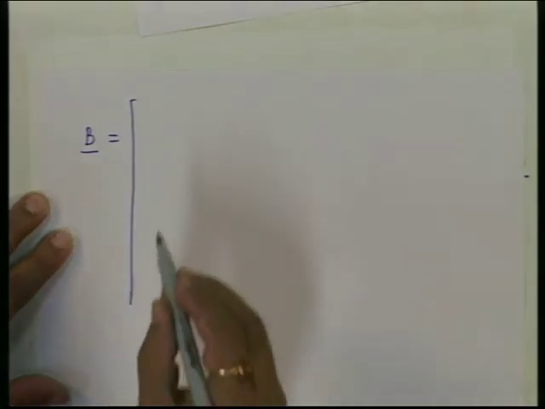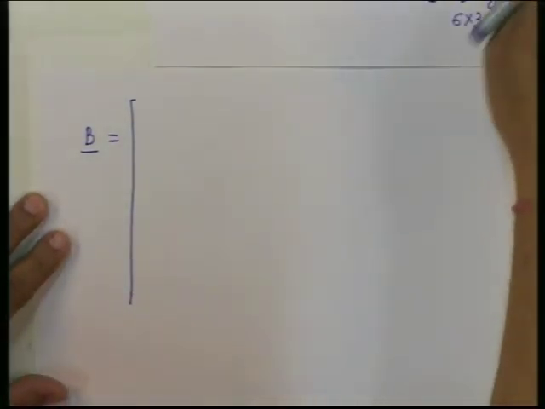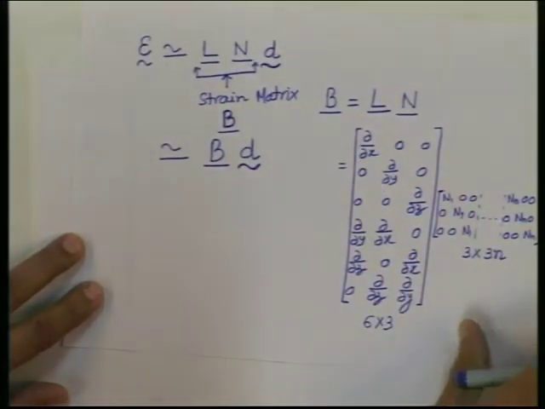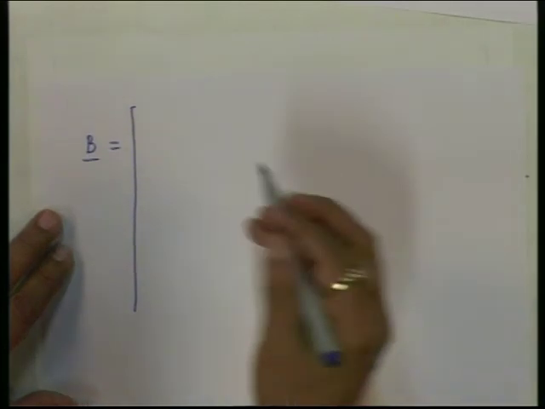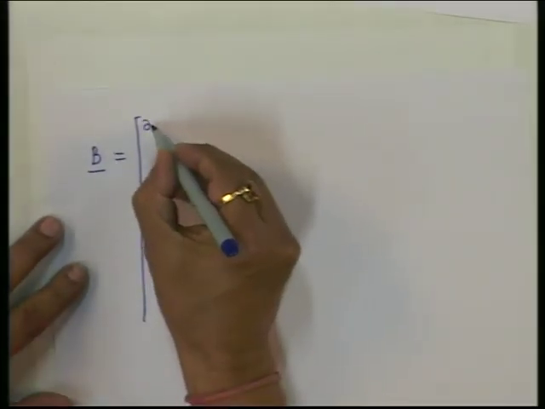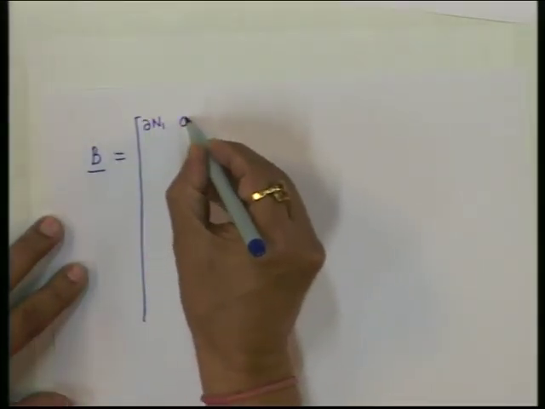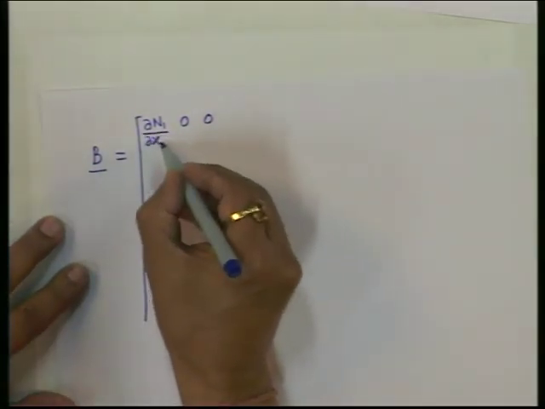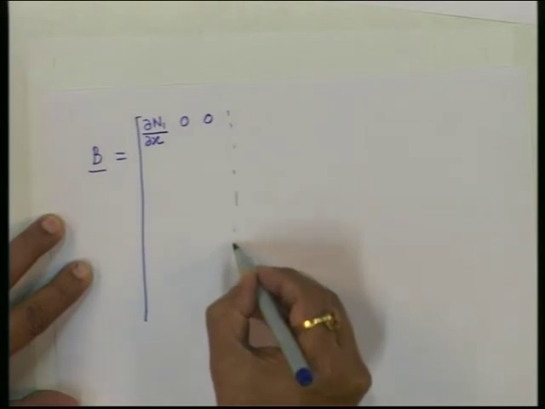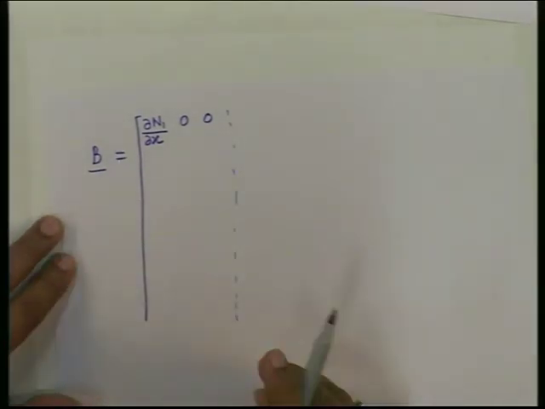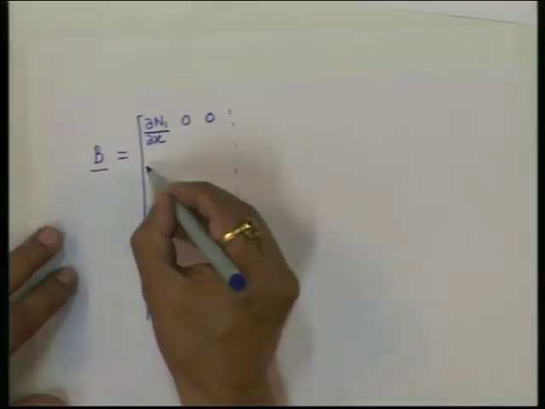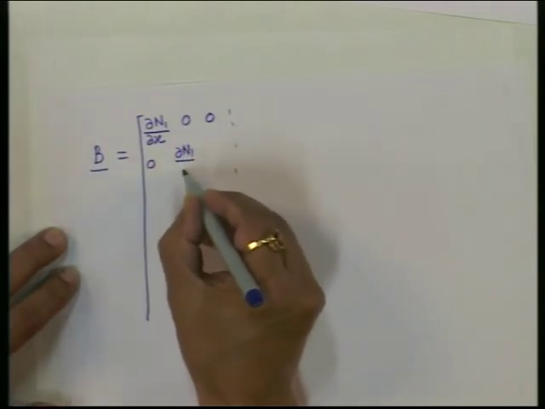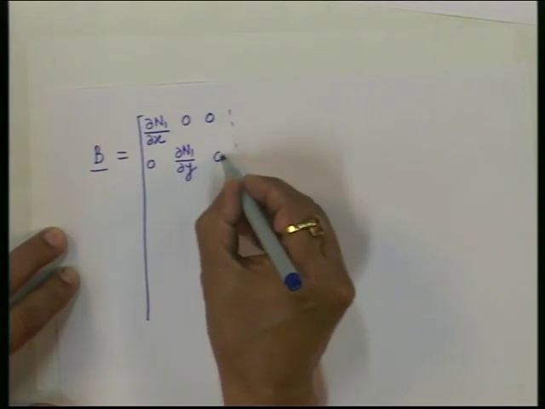The B matrix is 6 by 3 N. If you multiply this, the first block will be dN1 by dx, 0, 0. In the second row, everywhere dN1 by dy, 0.